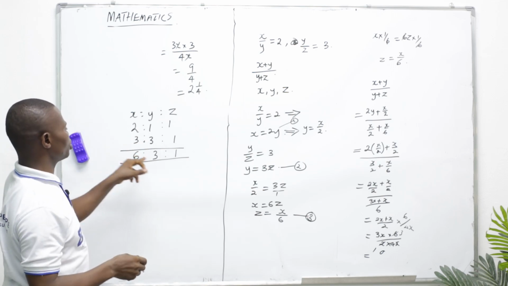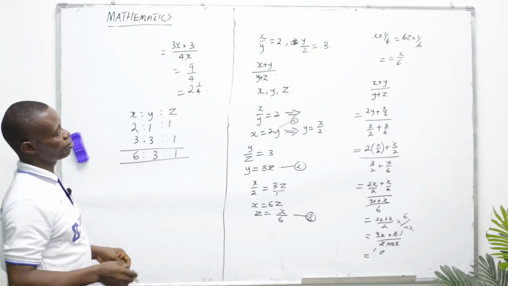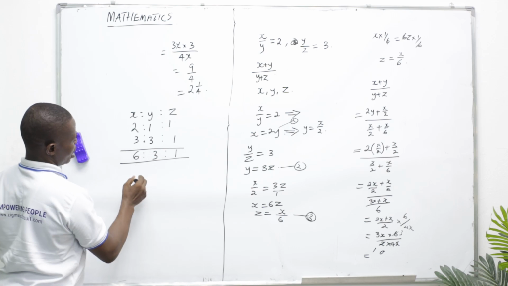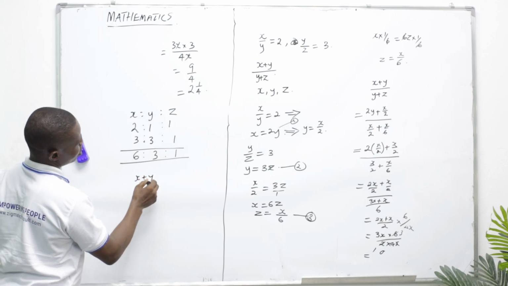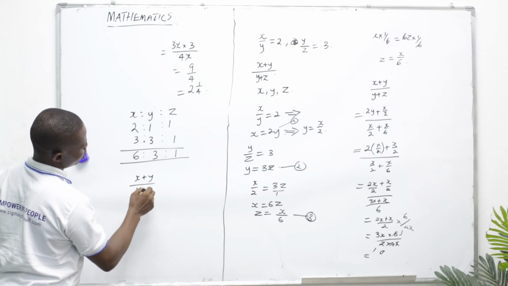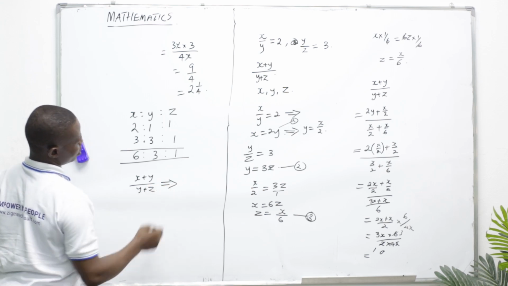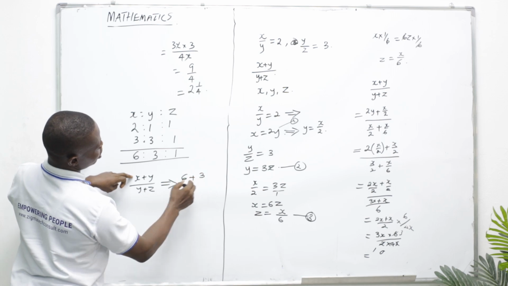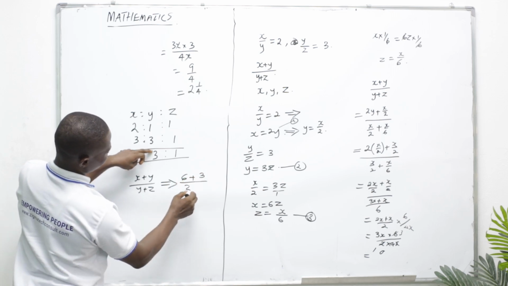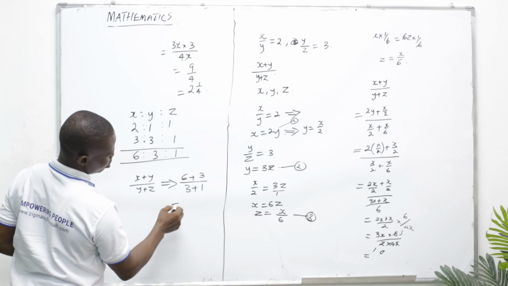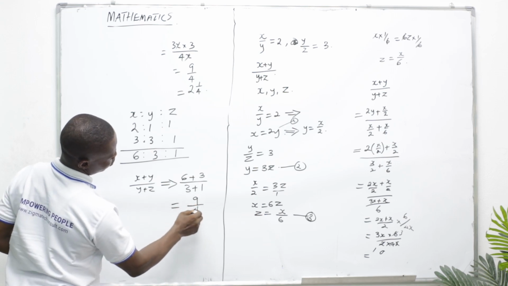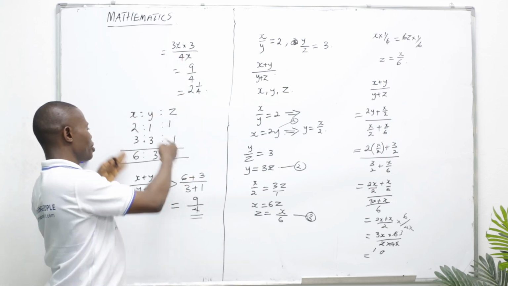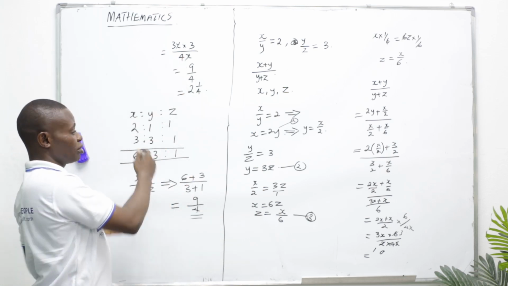Meaning 6:3:1. But our interest here is to get to x plus y all over y plus z. This implies this is x, the first one, plus y, which is 3, all over y, which is 3, plus z, which is 1. They give us what? 9 all over 4. Can you see both of them are the same solution? I know most of you prefer this because it's actually short.